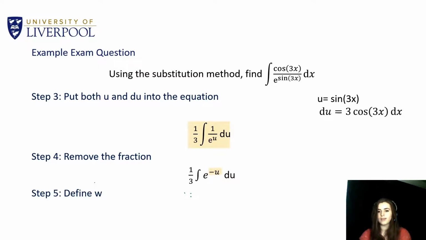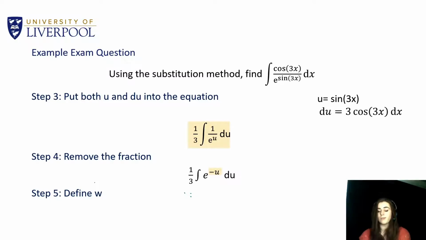However, from what you can remember, it's not really possible for us to integrate e to the power of a minus. So now we've got to do the substitution method again.